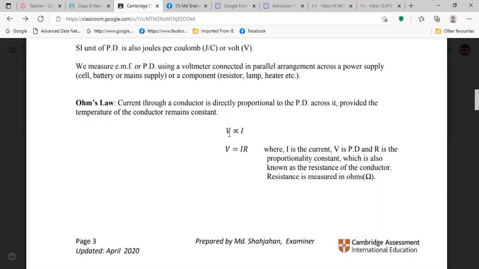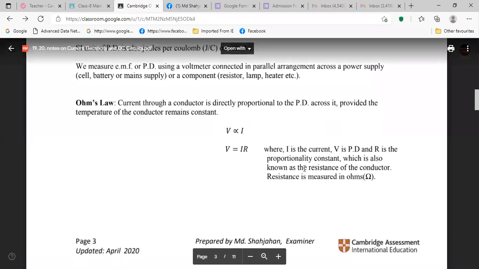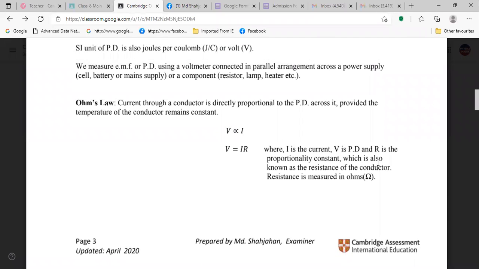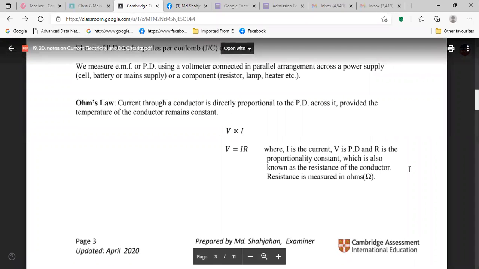Numerically, you write V is directly proportional to I. So V equals IR, where I is the current, V is potential difference, and R is the proportionality constant, which is also known as the resistance of the conductor. Resistance is measured in ohms. About resistance, we will write something more here. You also write that.